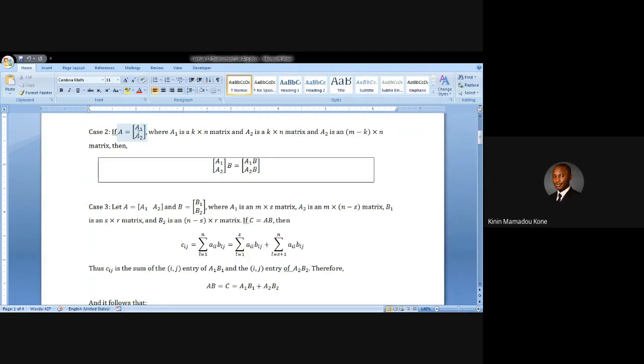The first one is called A sub 1 and the other is called A sub 2, where A1 is a K by N matrix and A2 is an M minus K by N matrix. Here there's a typo.